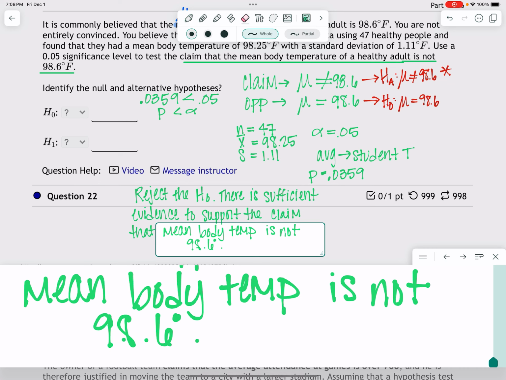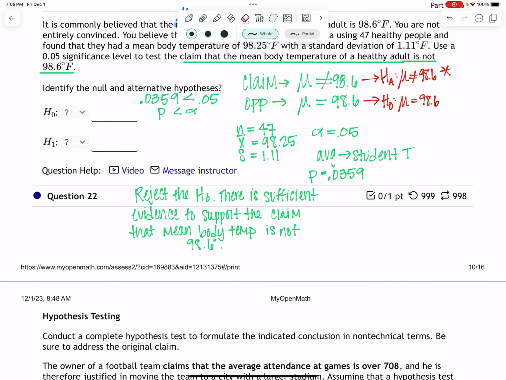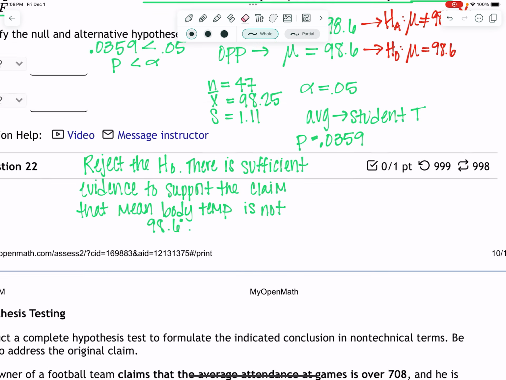And I got a little excited with my decimals, so we'll take that out. Well, that was fun.